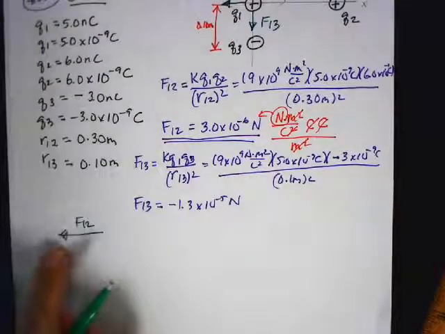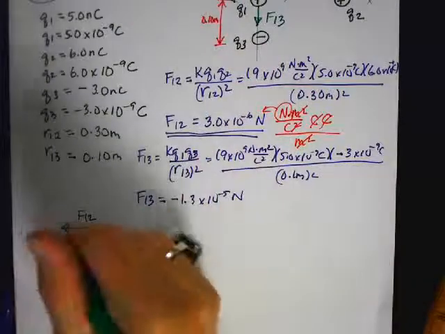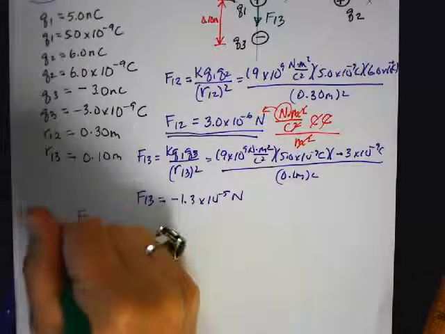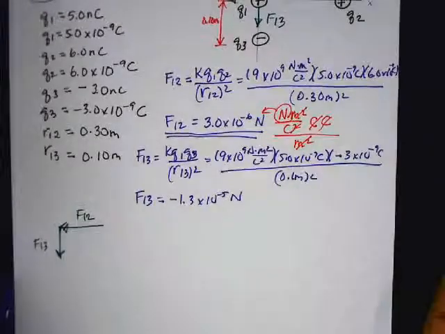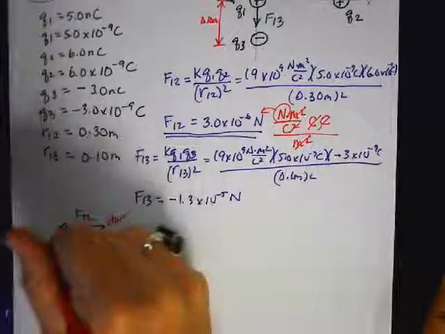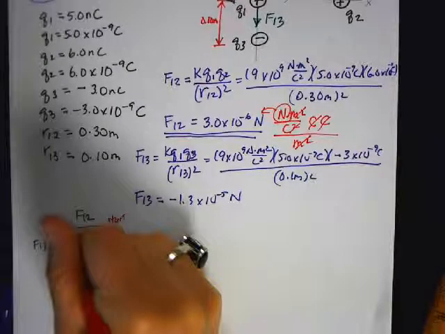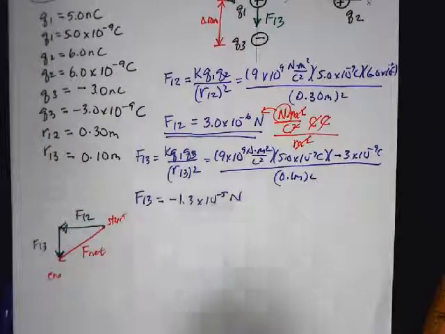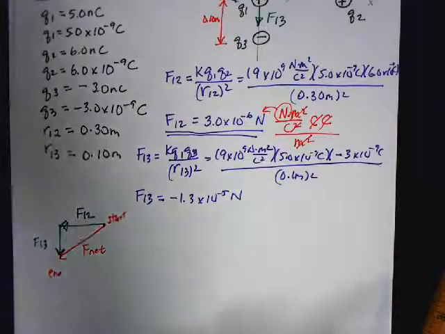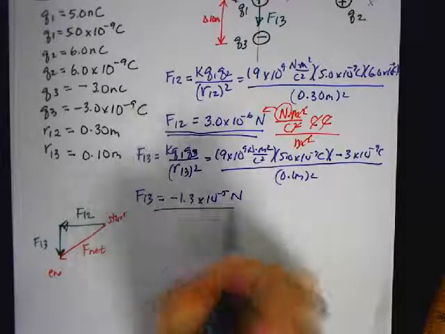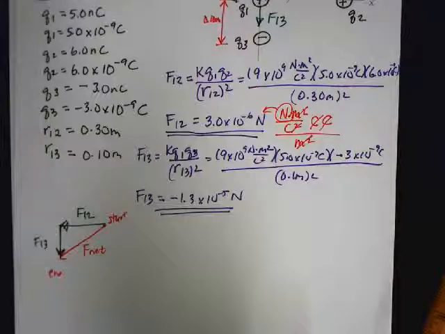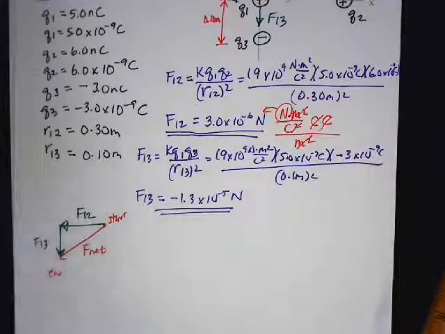From the head of this vector, I'm going to put the tail of the other, F13. And then my resultant, from where I start to where I end up, is going to be my net force. So remember, I cannot just add these two forces algebraically, this plus this, because they're in different directions. So I add them head to tail and I find the resultant.